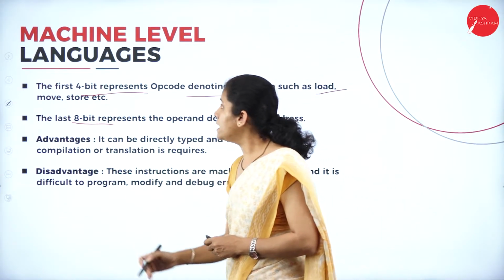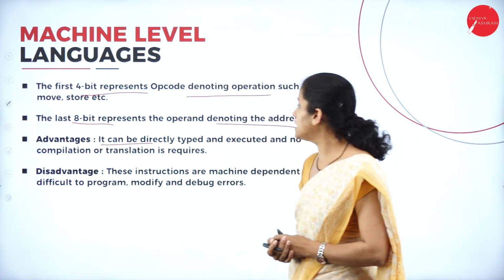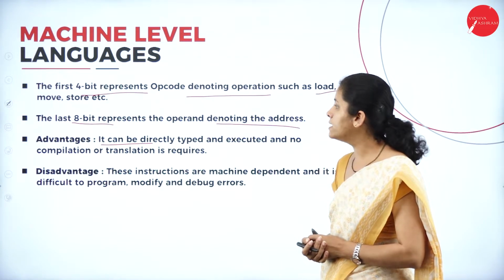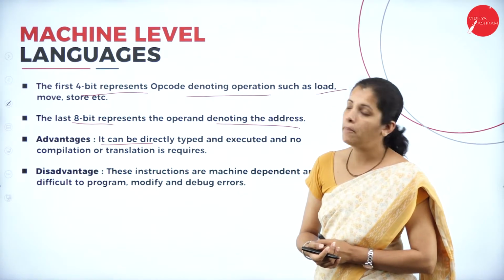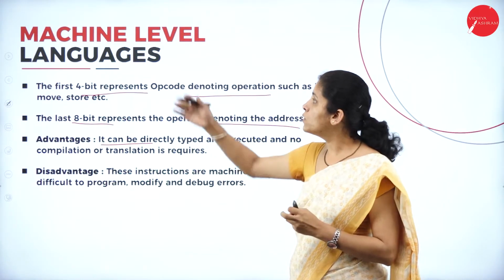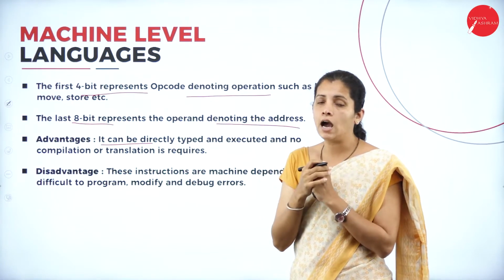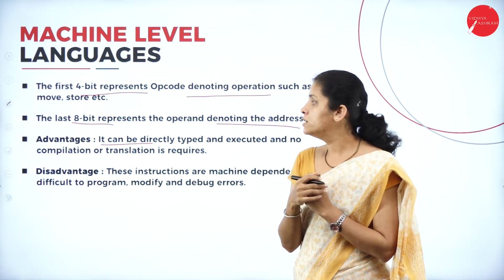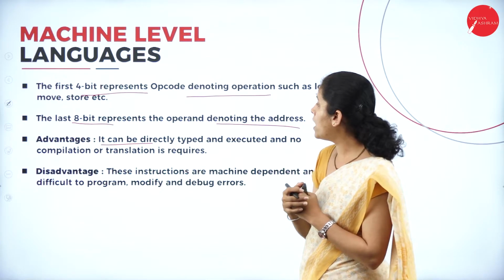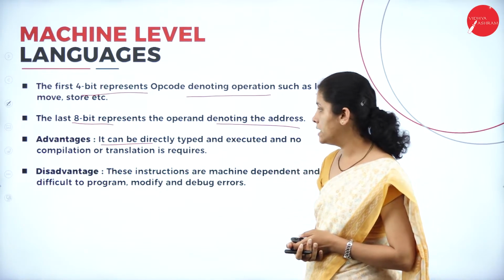Now, the advantage of a machine level program is that it is directly typed and executed, so there is no need of a compiler or any translator. Because in machine level language all the instructions are directly typed, I do not require any compiler or translator.